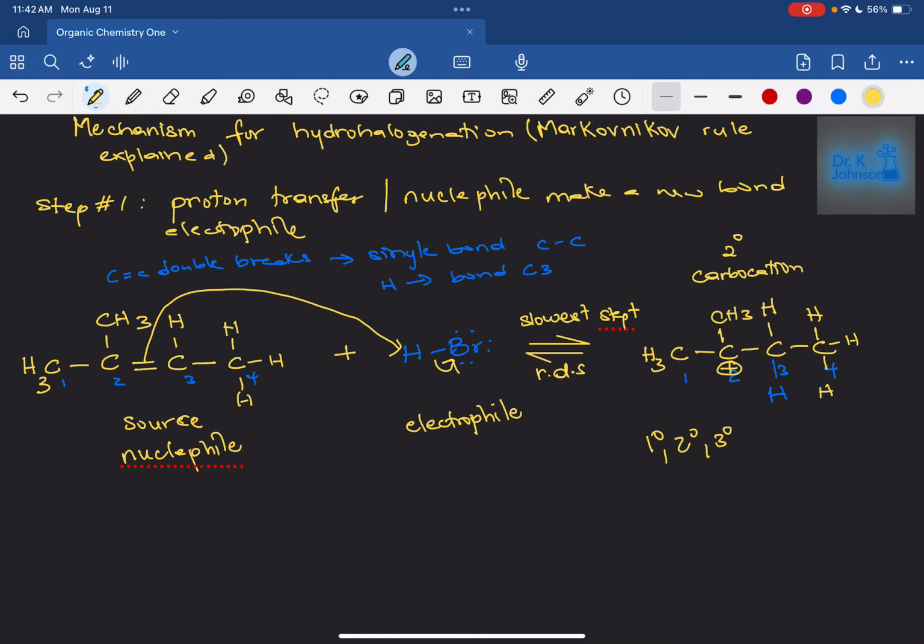How do I identify a carbocation as primary, secondary, tertiary? Find the carbocation, which is the carbon with the positive charge, then count how many carbons are directly bonded to it. Here's my carbon with the positive charge. I have 1, 2, 3 carbons directly bonded to it. I'm sorry. This is a tertiary carbocation. My apologies. So we have a tertiary carbocation.